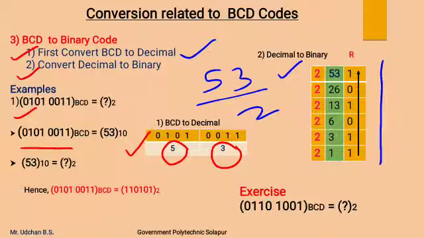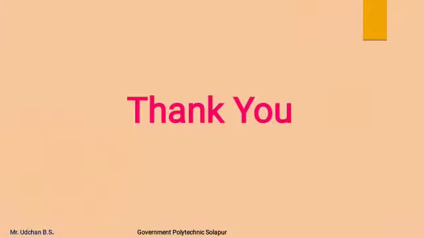And the binary number for the integer part can be written in the upward direction, which we have already studied. This is how we can convert the given BCD number into the binary, and the end result is written over here. Thank you.